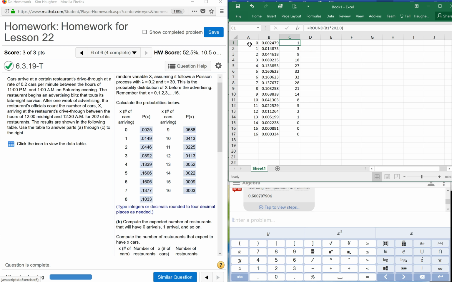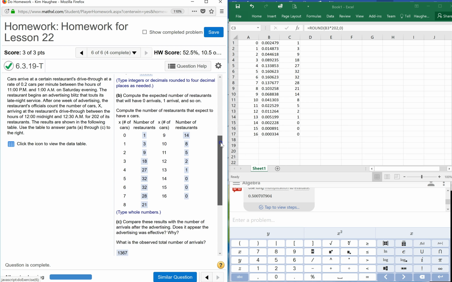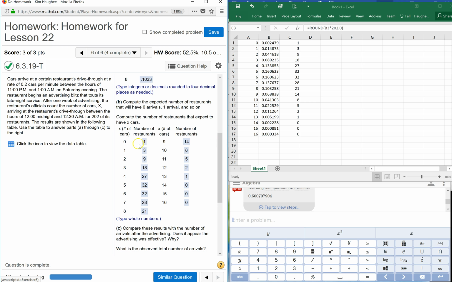So 0 cars arriving will probably happen at 1 restaurant. 1 car arriving will probably happen at 3 restaurants. 2 cars at 9 restaurants. And this is the expected outcome if there was no advertising at all. Coming down, you can see in part B that I have the values from the right-hand column: 0 cars arriving at 1 restaurant, 1 car arriving at 3 restaurants.